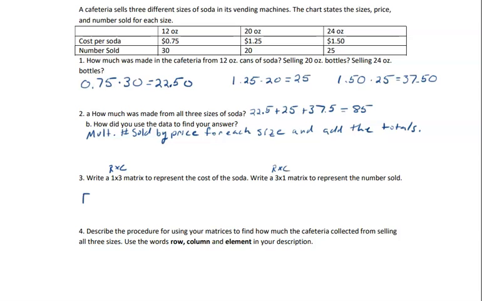So 1 row, and this is the cost: 0.75, 1.25, and 1.50. And a 3x1, and we have 30, 20, and 25.